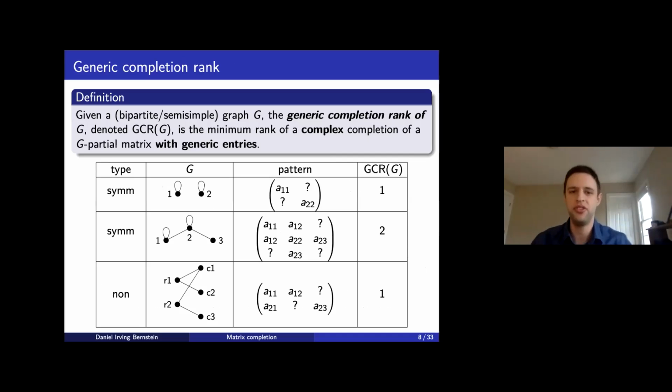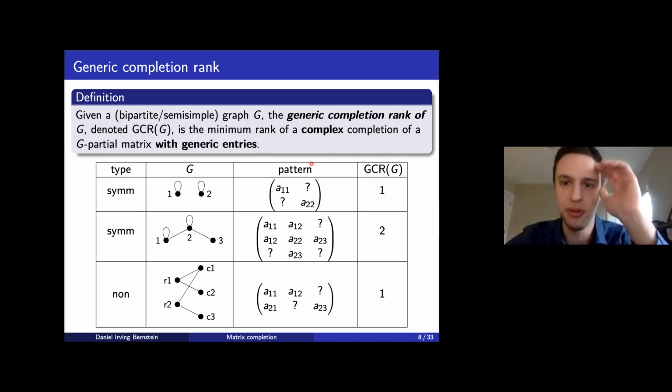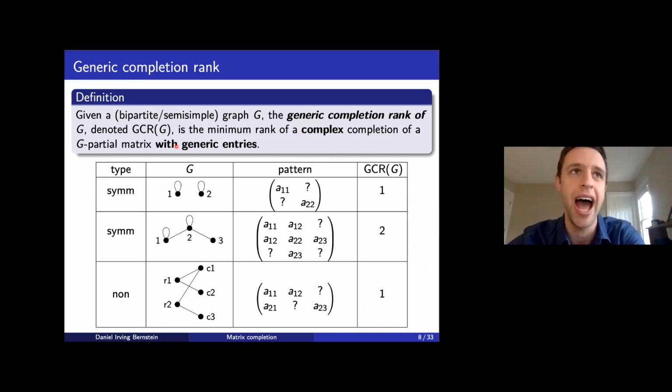Once you do that, you can start asking questions about patterns in a mathematically pleasing way. Given a bipartite or a semi-simple graph, where by semi-simple I mean loops allowed but not multiple edges, the generic completion rank of the graph, denoted GCR of G, is the minimum rank of a complex completion of a G-partial matrix with generic entries.